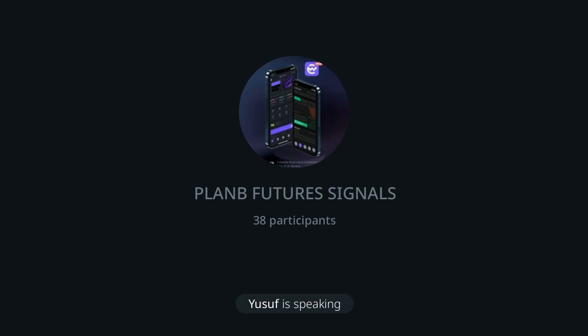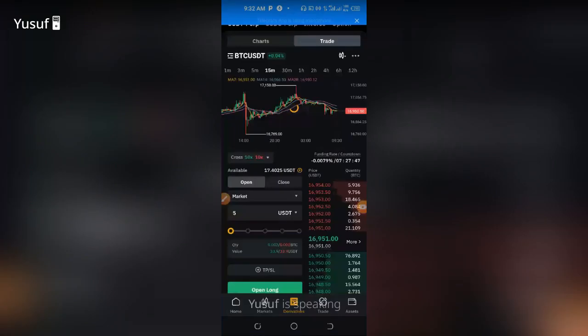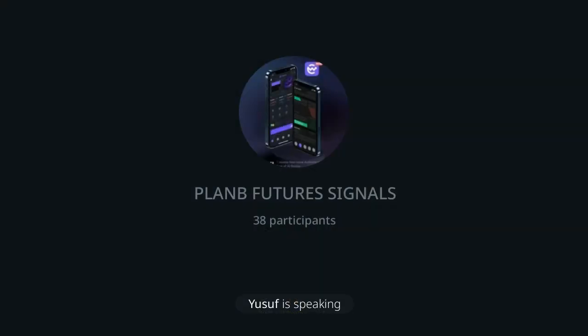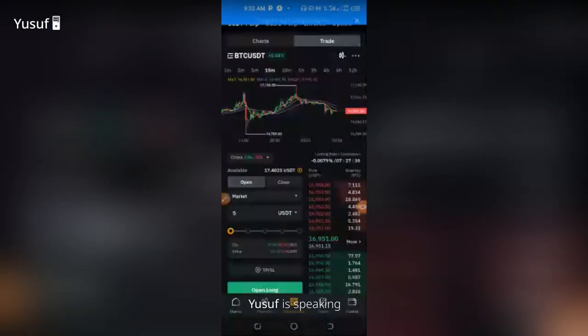The moment you are liquidated on isolated, only your $5 will be gone. But on cross, you might be at minus $40 by now, working on how to replenish and get yourself out of that trade. So both of them have advantages and disadvantages.